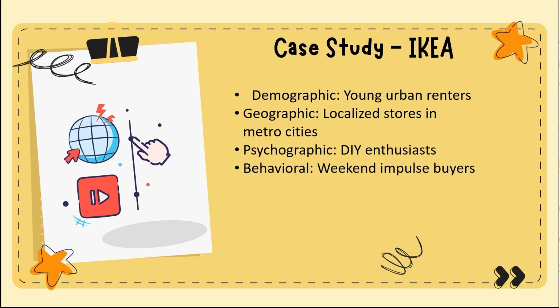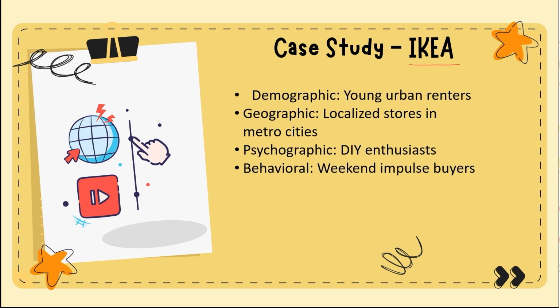IKEA, known to every one of us, a Swedish modular furniture manufacturer, not a manufacturer, it's a retailer, a giant in its category altogether. What are they targeting in terms of demographic base? They are targeting the young urban renters who keep on shifting their houses. Their main target is young urban renters.